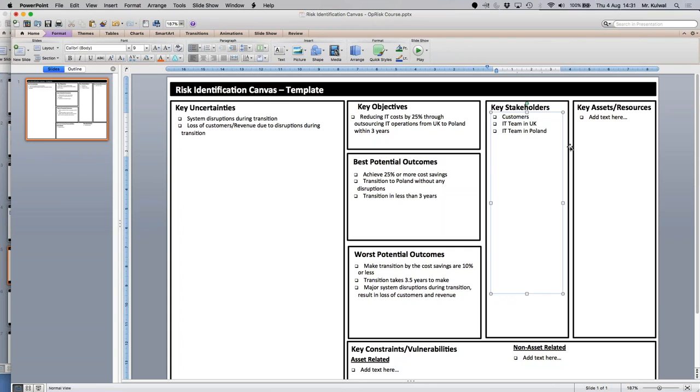We also have IT team in Poland. So those are 2 separate stakeholders, because if some of the jobs are getting transitioned from UK to Poland, then there may be different operational risks from an IT perspective, team in UK and in Poland. There is your senior management, yeah. So senior management, so they're making these decisions. So they are also a stakeholder.